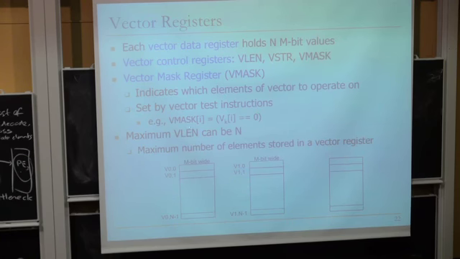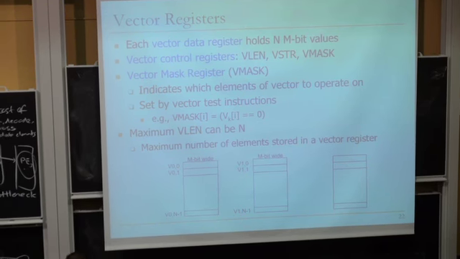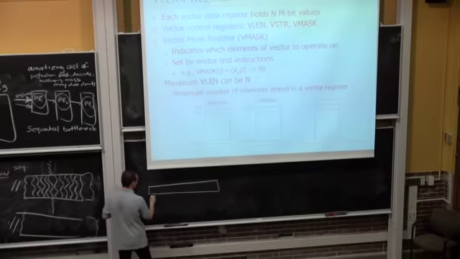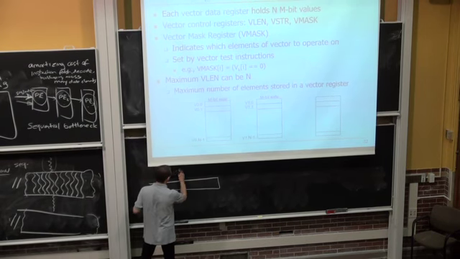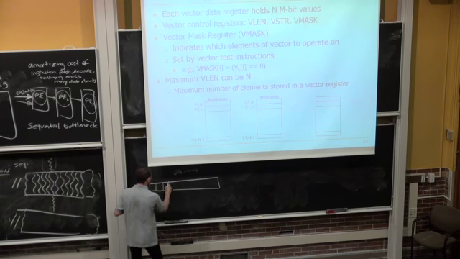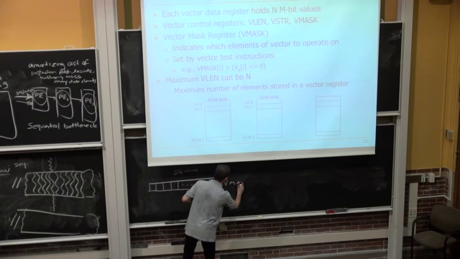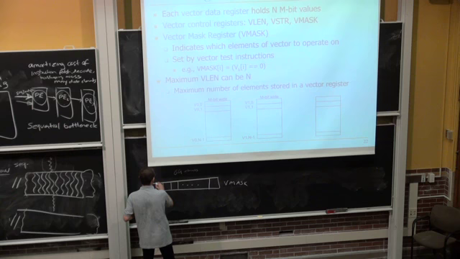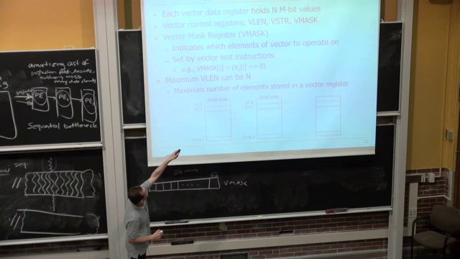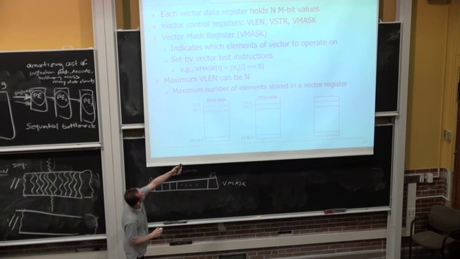And you set the vector mask register with true or false, if you will, based on the outcome of that comparison. So let's say your hardware vector length is 64 elements. Each instruction can operate on a maximum of 64 elements. You have a vector mask register that has 64 bits, if you will. And these bits can be set by instructions like that. That's a comparison instruction, right?